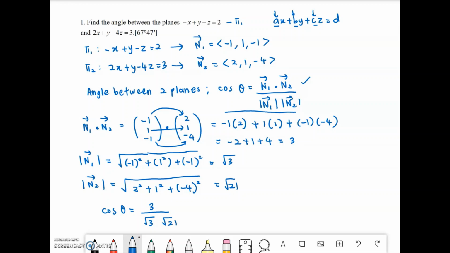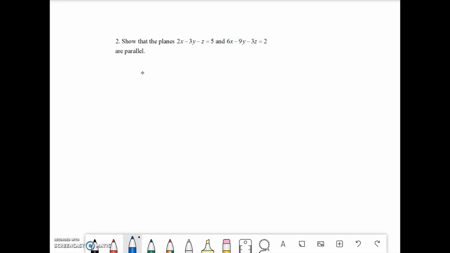So we can find that theta is equal to the cos inverse of this, which is equal to 67 degrees 47 minutes, or 67.79 degrees. The answer can be either of these two. Now we try to solve the second example.